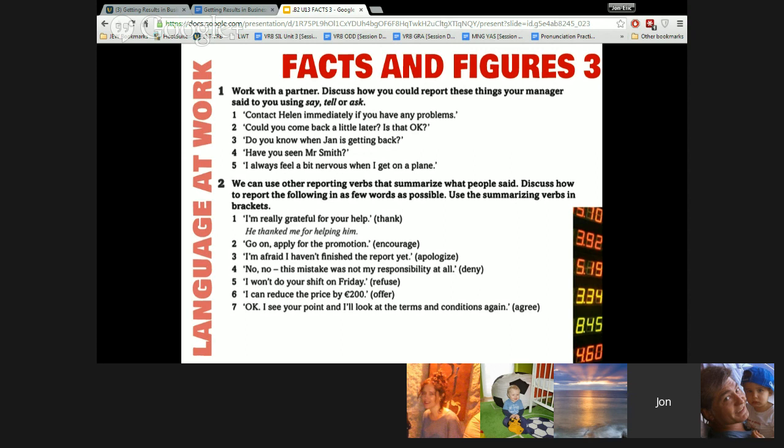Now, look at the second question. In the present, she says, is that okay? If you're going to report it, it's got to be in the past because she said it before, not now. So, my manager asked me if I could come back a little later. And you can also say the same with okay.